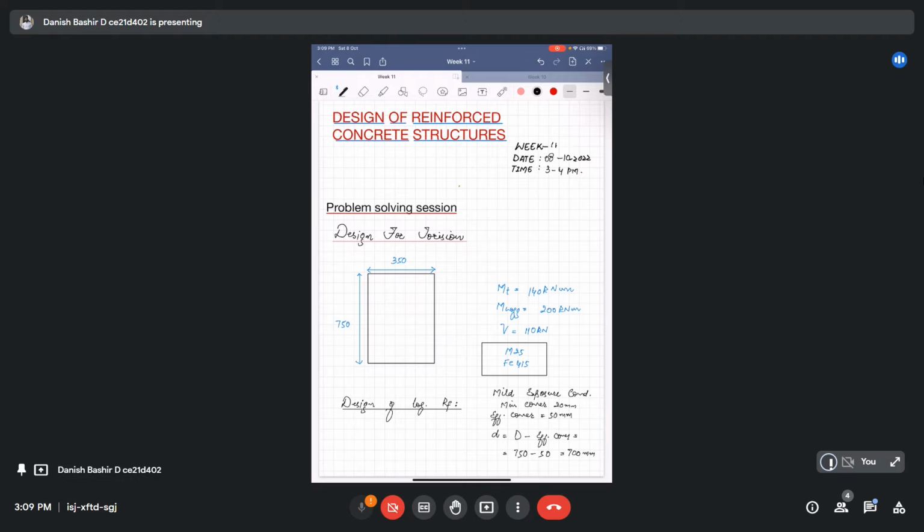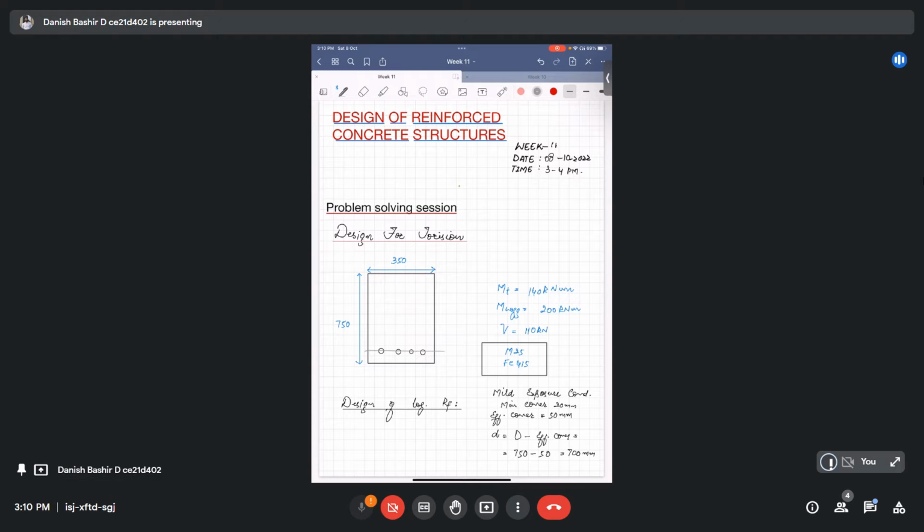For the time being, we have taken the effective depth as 700, with the reinforcement placed here at 50 from the edge.